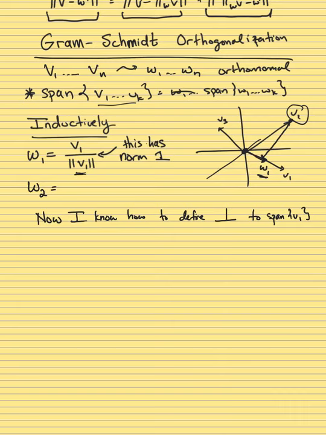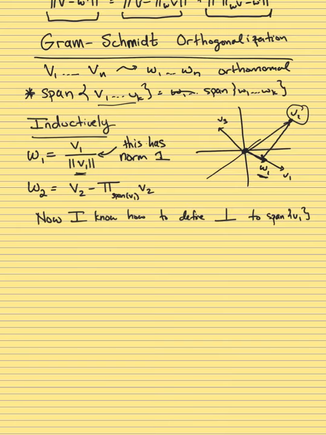So now, what do I want to do? I want it to be orthogonal, so I should just take v2 minus the orthogonal projection onto the span of v1. Now this is good in the sense that it's orthogonal to v1 by construction.